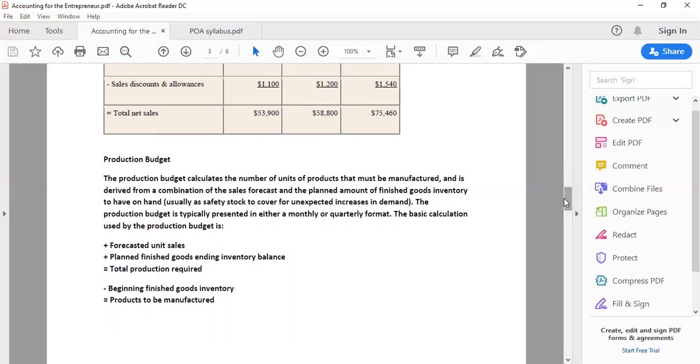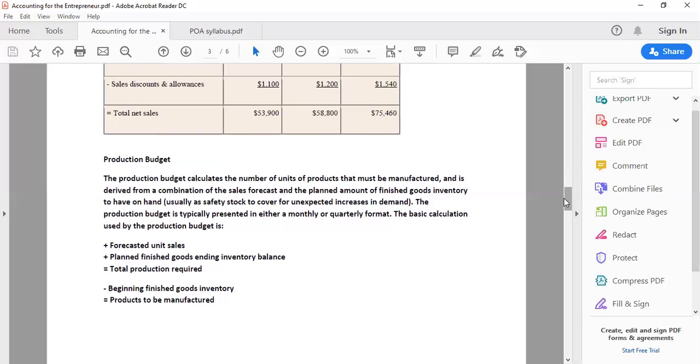You always need to have extra, just in case you need to provide more stock. At the same time, as I said before, you're not going to provide too much extra because you don't want to tie up your cash flow. To make more stock means you have to put out more money, and the longer that stock is held, the longer that money is not converted to cash. So cash flow for businesses is a very important thing to manage.